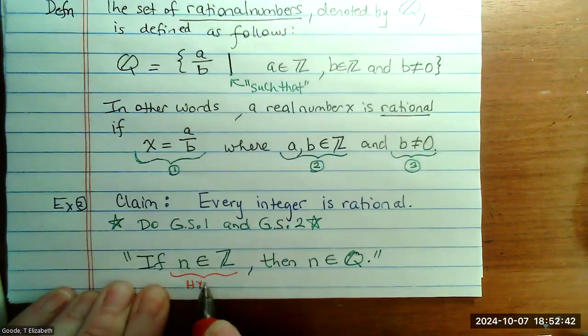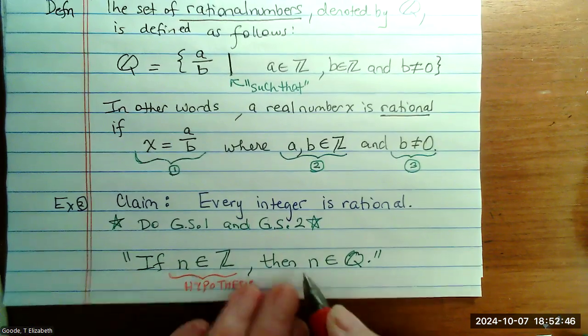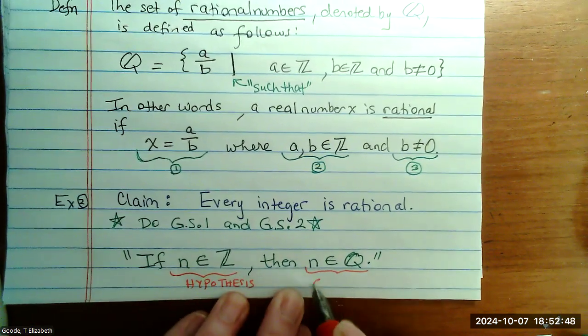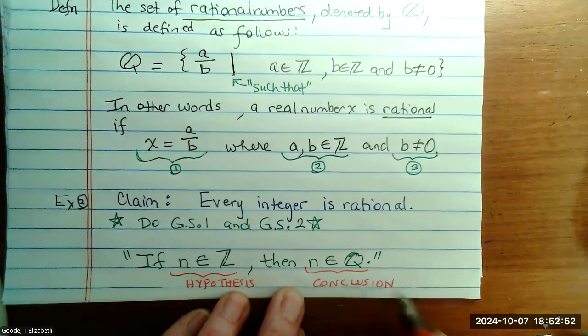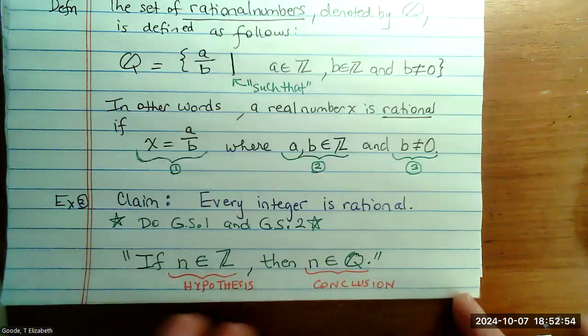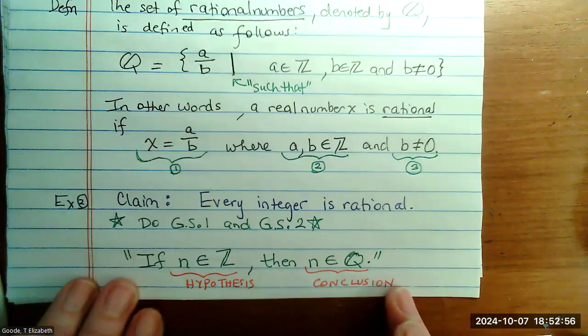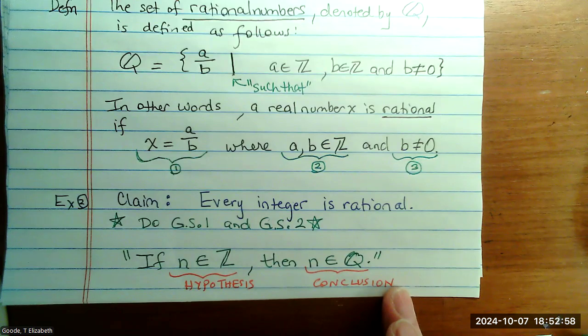We're just going to assume that n is an integer. And what we wish to show is the conclusion that n is actually rational. Super simple statement. Every integer is actually a rational number.